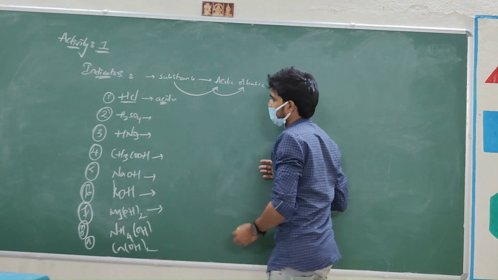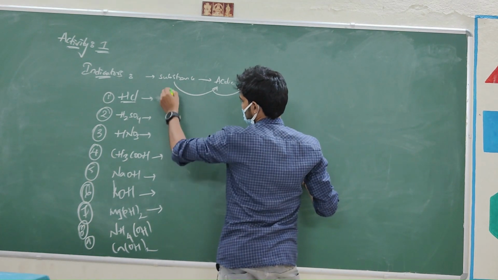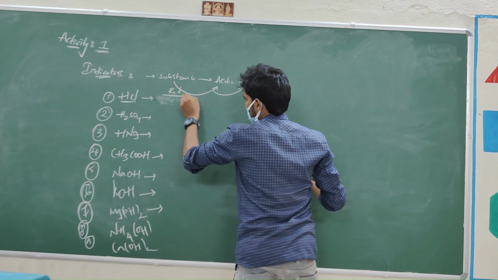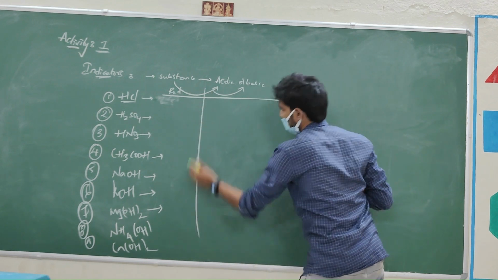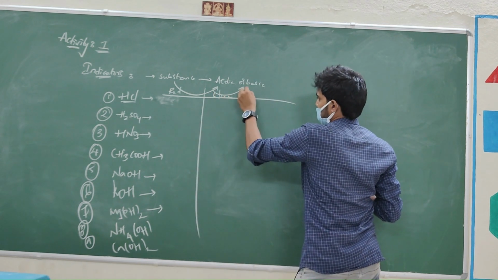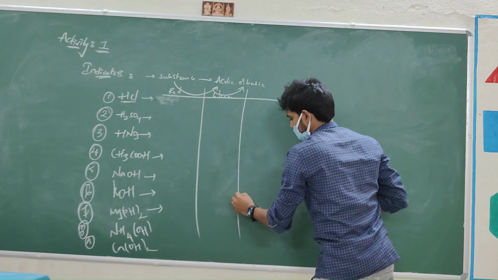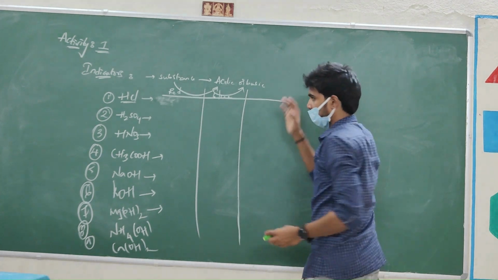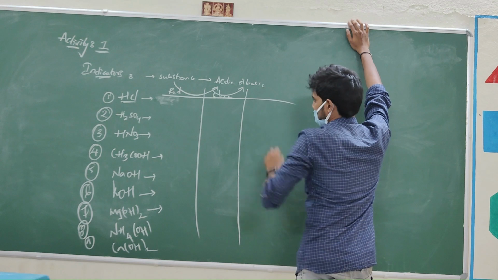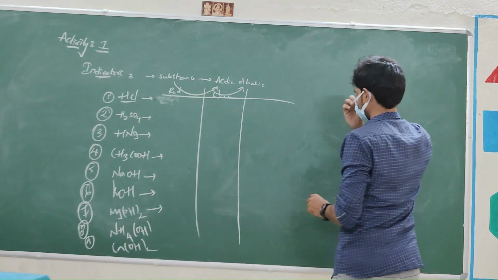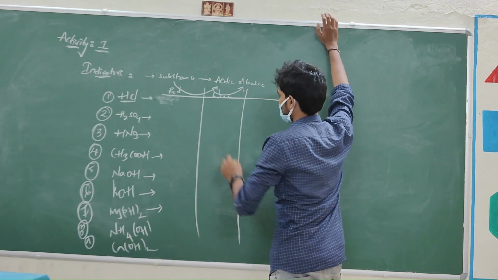He has asked us to use some indicators here: red litmus paper and blue litmus paper. Just note it down in your notes, then try to find the answers.